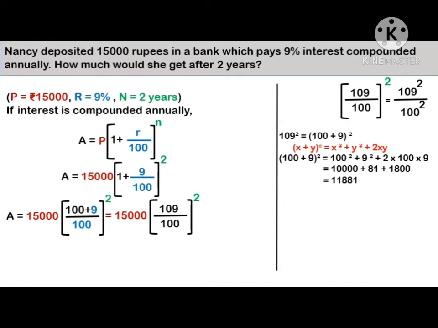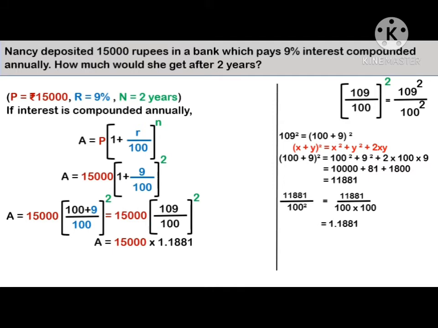That is 11,881. Here 11,881 by 100 square means 11,881 by 100 into 100. We get 1.1881. So we can write A equal to 15,000 into 1.1881.